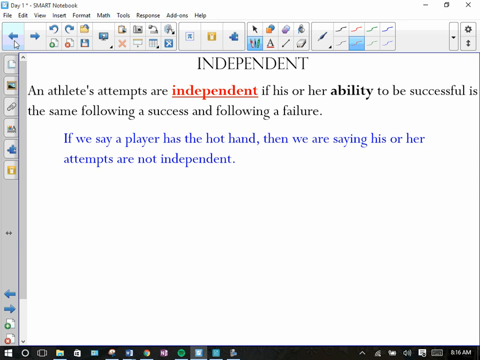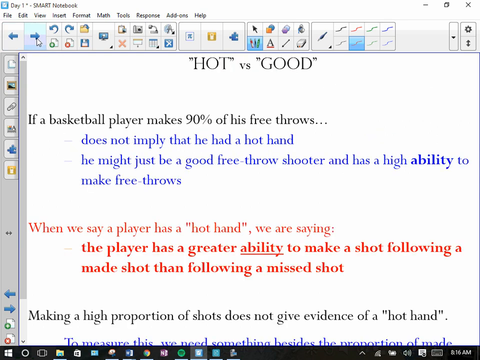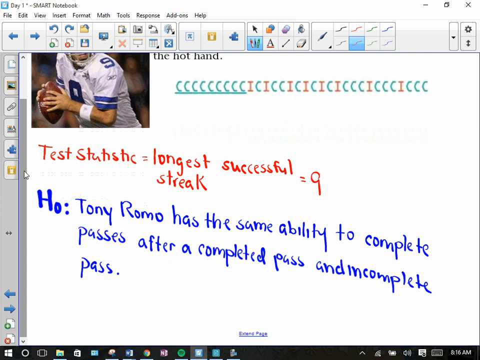So in this case, we said Tony Romo's ability to complete a pass is the same following a completed pass and an incomplete pass. So what we're saying is that his attempts are independent. So a shorter way of writing your null hypothesis.